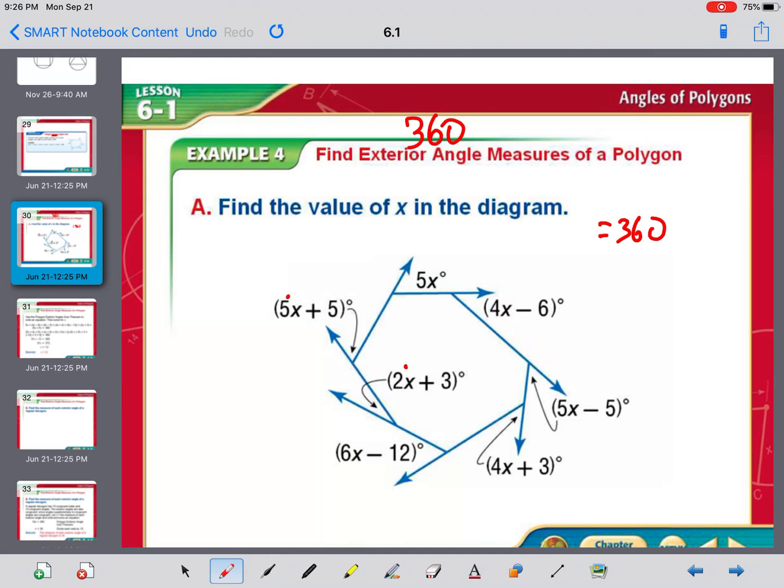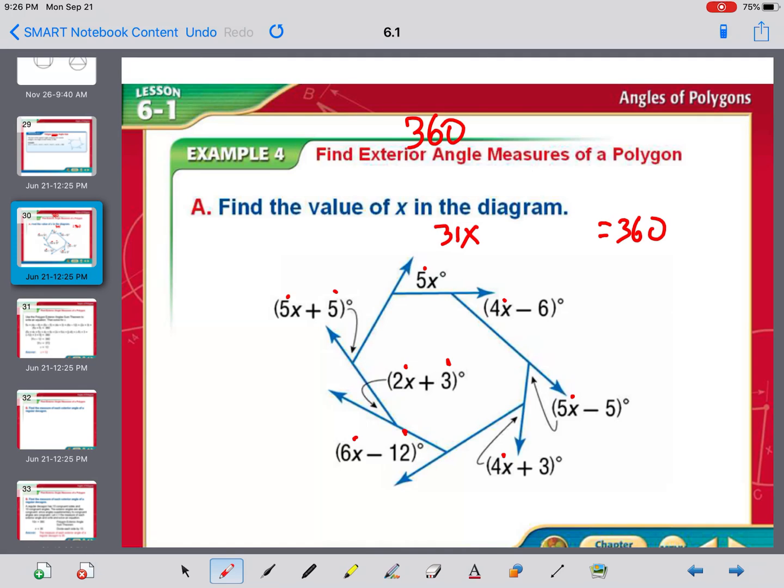So I'm just going to start here. 5x, 7x, 13x, 17x, 22x, 26x, 31x. Then I'm going to do the numbers. 5, 8, 20, 23. Oh, I think I messed that up.